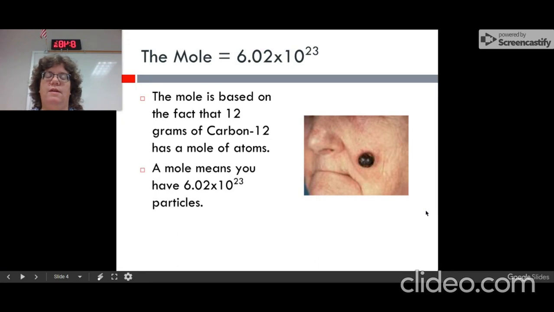Particles is a good way to describe that because we're not just talking about atoms. We can be talking about atoms, molecules, anything. Just like a dozen doesn't specifically refer to donuts. It refers to anything that's 12. Same with a mole. Anything that has this many particles is a mole.